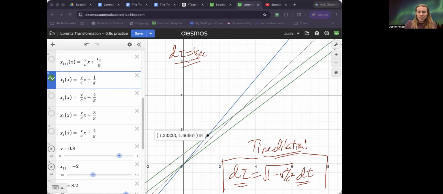So I want d tau to equal 1 second. So 1 equals the square root of 1 minus 0.8 squared, times dt. Well, this is 1 over gamma. So dt is going to equal gamma. It's going to equal 5/3. You can just quickly do that arithmetic. You get 5/3.